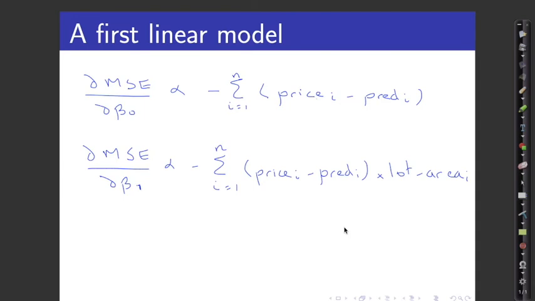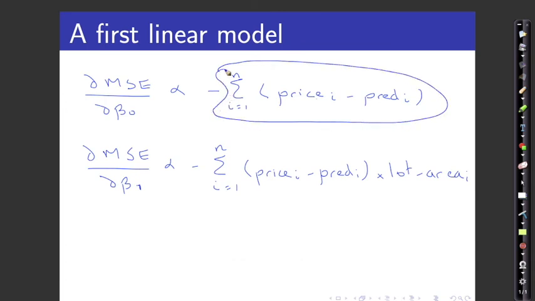What does this mean with regards to gradient descent? Well, do you remember, with gradient descent, we find the gradient and then we move in the opposite direction. So let's take the first term over here. There's a minus sign in front of it. So to move in the opposite direction, we're going to move in this direction.